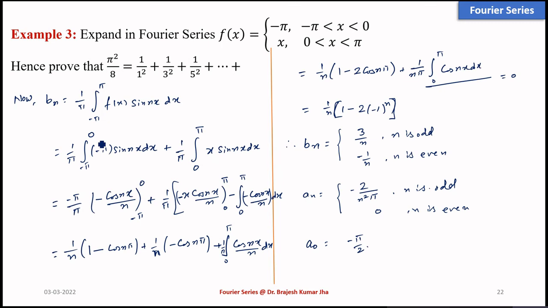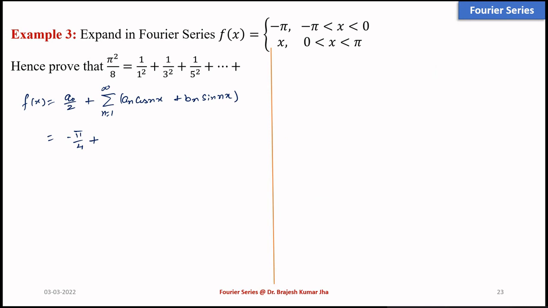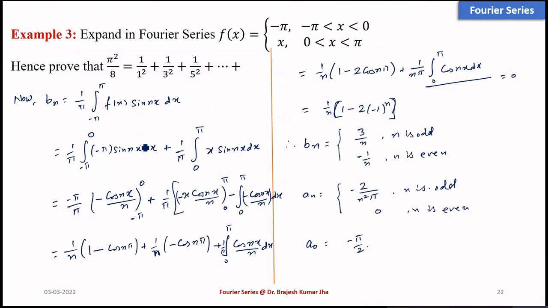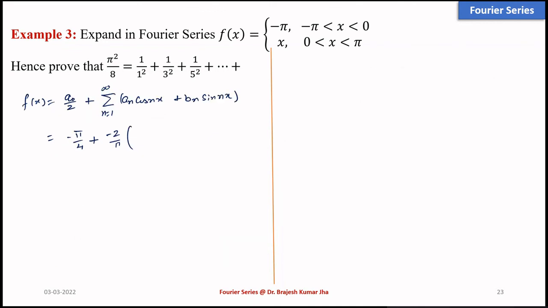Only odd terms are there, so minus 2 by pi we can take outside, and only the odd numbers: 1 upon 1 squared plus 1 upon 3 squared plus 1 upon 5 squared, and so on.